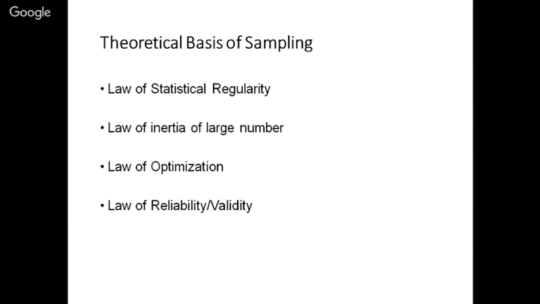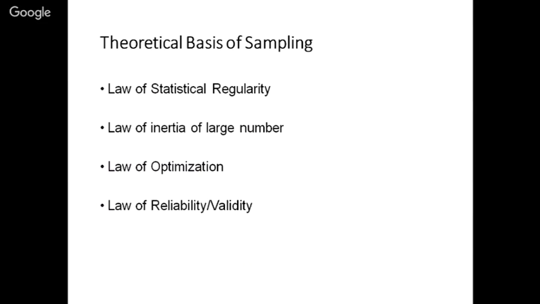The law of statistical regularity states that the sample is selected at random and the sample is of larger size. Here I would like to take an example: if a researcher intends to make a study of the average height of Punjab University students, it is not necessary to calculate the height of each and every student associated with Punjab University, Chandigarh.